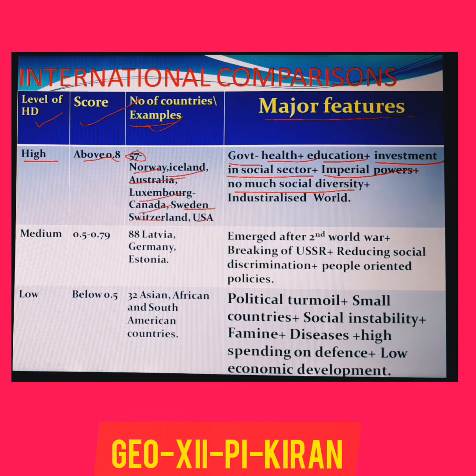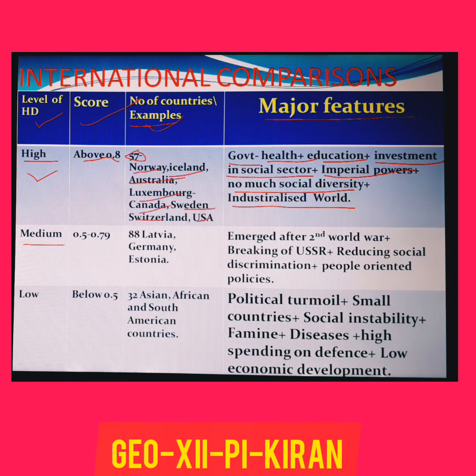The important characteristic is that most of these are industrial worlds, industrially developed countries, so they are giving employment to the people. People's income is high, women's status is high, and there is not much political disturbance. Insecurity is not there. Antisocial activities and the crime rate are very low. So that is the reason the countries are grouped in high human development index.